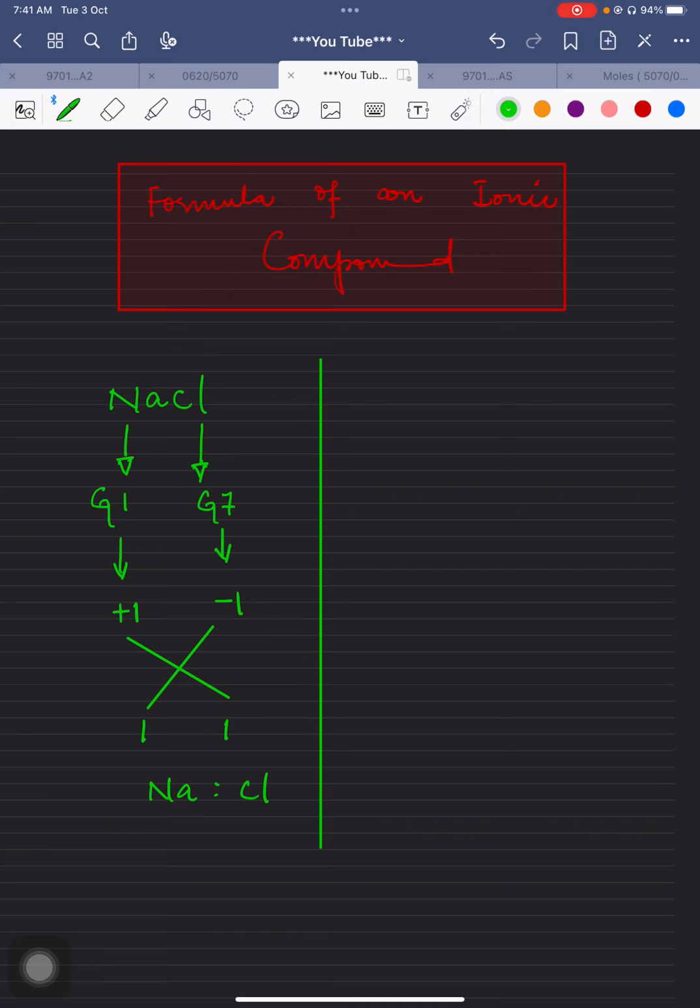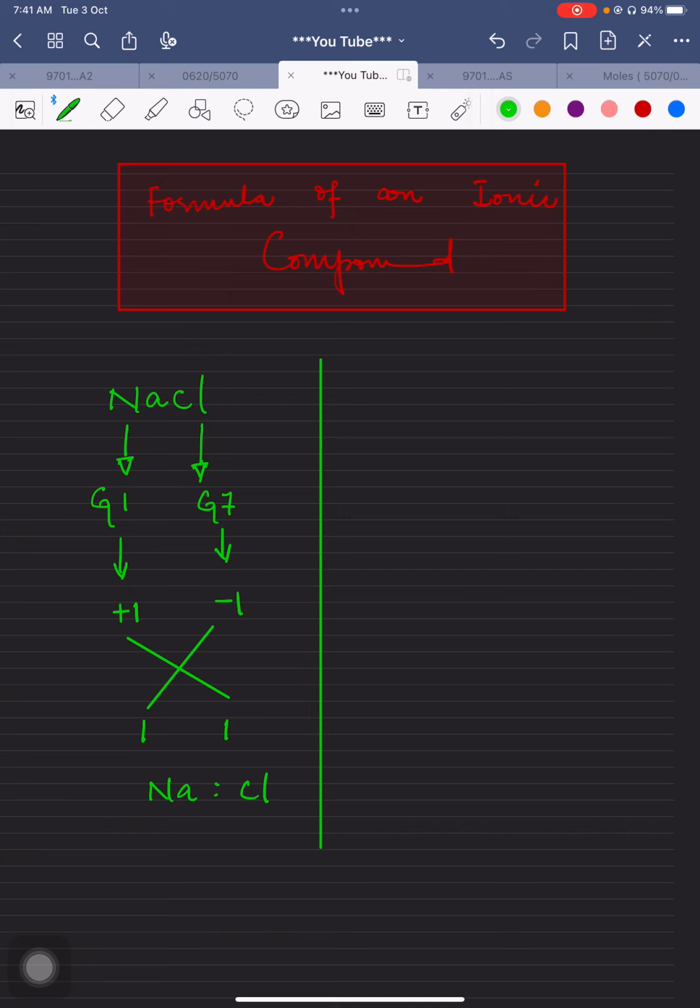Before moving ahead, I would like to inform you that whenever we are writing the formula of an ionic compound, the positively charged partner, the metallic partner, should come first, whereas the negatively charged partner, the non-metallic partner, should come second. In sodium chloride, sodium is the positive partner, whereas chloride is the negative partner.